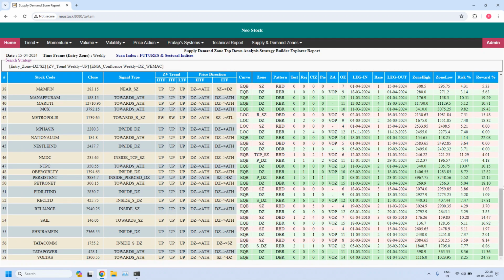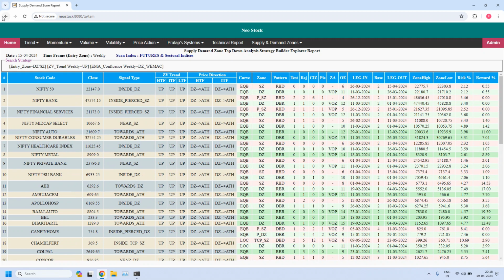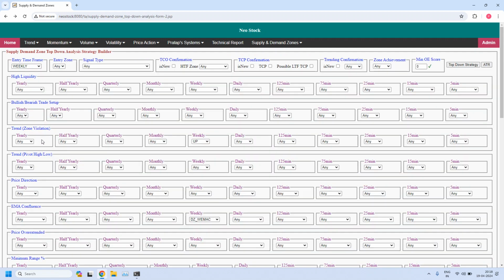Because the list is big, the other trend should also support the same uptrend. That is the pivot trend: higher highs, higher lows, lower highs, lower lows, equal highs and equal lows. You already learned trend calculation based on pivot highs and lows. So this trend should also match the zone violation trend. So here also I am selecting uptrend. Let us check how many stocks will be filtered.